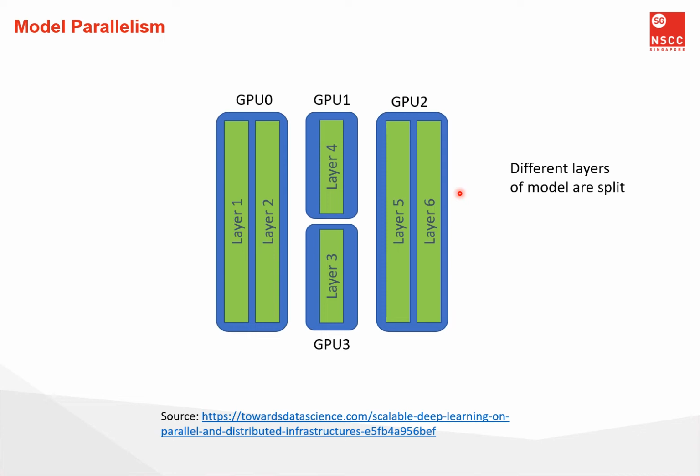We also need a way to spread out the model itself, hence the name model parallelism, because the model is no longer just replicated, it's actually split into multiple parts and sent out to each of the different nodes, and each node will compute one part of the model instead of the whole model.